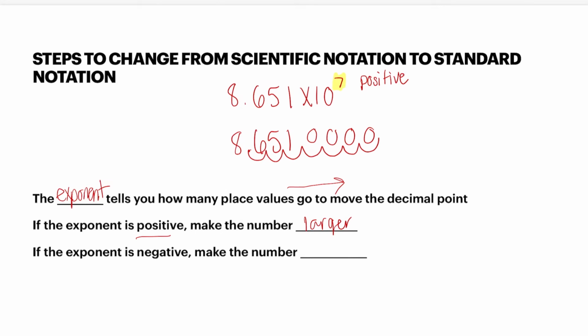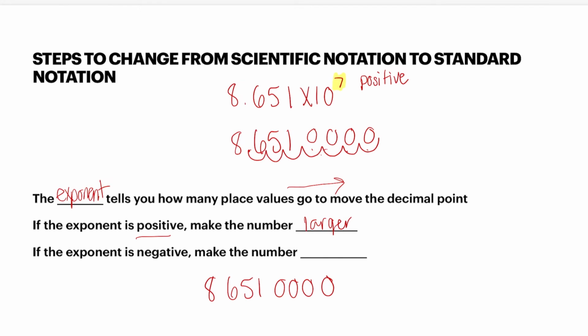I would like to point out, some people start thinking that the exponent matches how many zeros we have, but just notice our exponent is 7 and we have 1, 2, 3, 4 zeros, so that is not true. So our final answer, 8651, we're going to add our commas in.